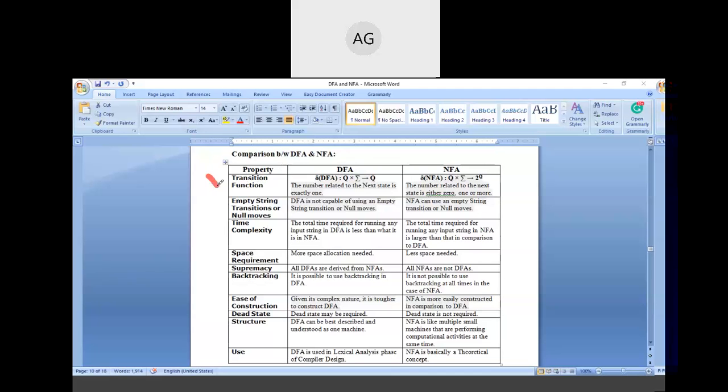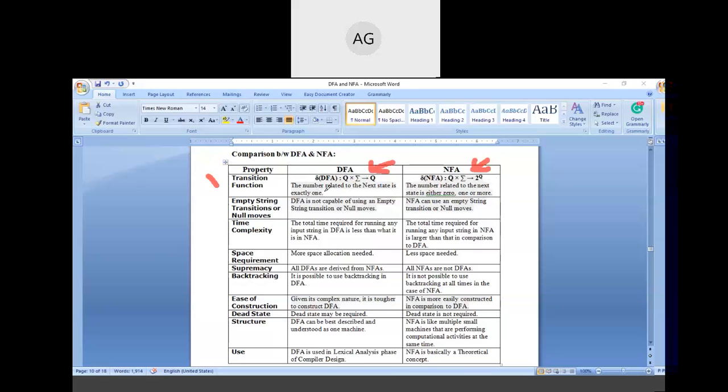So the first property is transition function. As we already discussed, the transition function of DFA is Q cross sigma gives Q, whereas the transition function of NFA is Q cross sigma gives 2 to the power Q. So the transition functions of DFA and NFA are different.